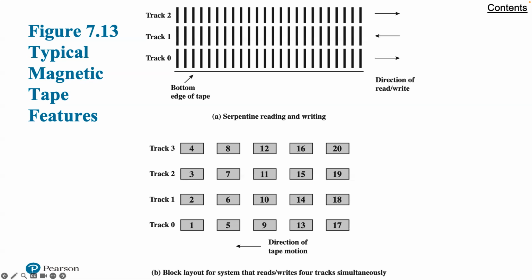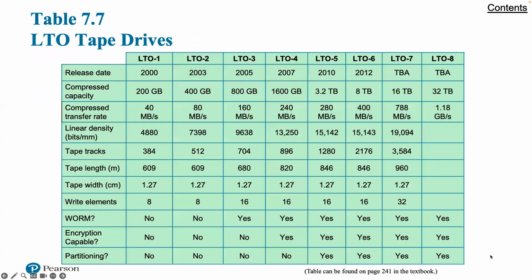Magnetic tape was the first kind of secondary memory. It is still widely used as the lower cost, slowest speed member of the memory hierarchy. And so it still has a place on the table, but it is definitely something that is starting to go away.